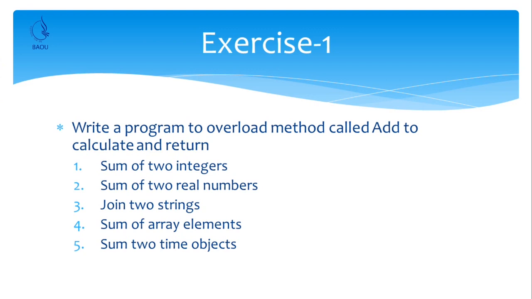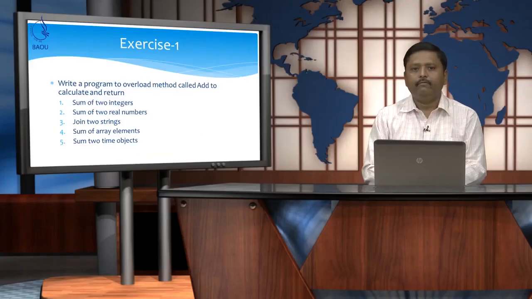If strings are provided as arguments, you want to join them, and you have to sum array elements if an array is provided as an argument, and finally, you have to sum 2 time objects. We already discussed how to sum 2 times in the previous lecture. So, you have to write this exercise.